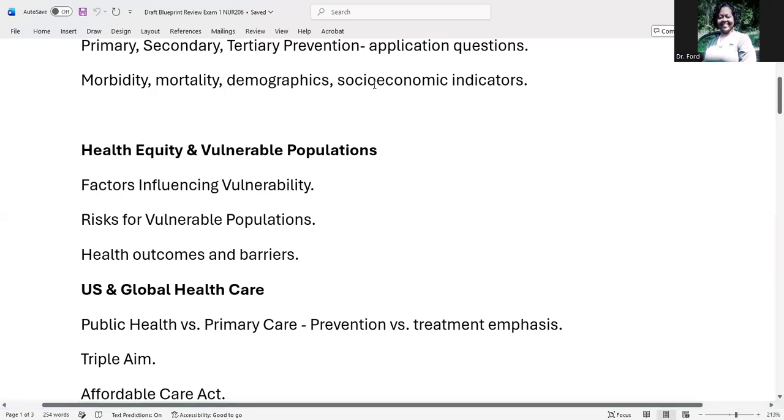So we always want to consider socioeconomic factors when we are trying to come up with interventions for our clients, because socioeconomic status plays a huge part. What does my environment look like? Is my environment conducive for me to get out and walk?